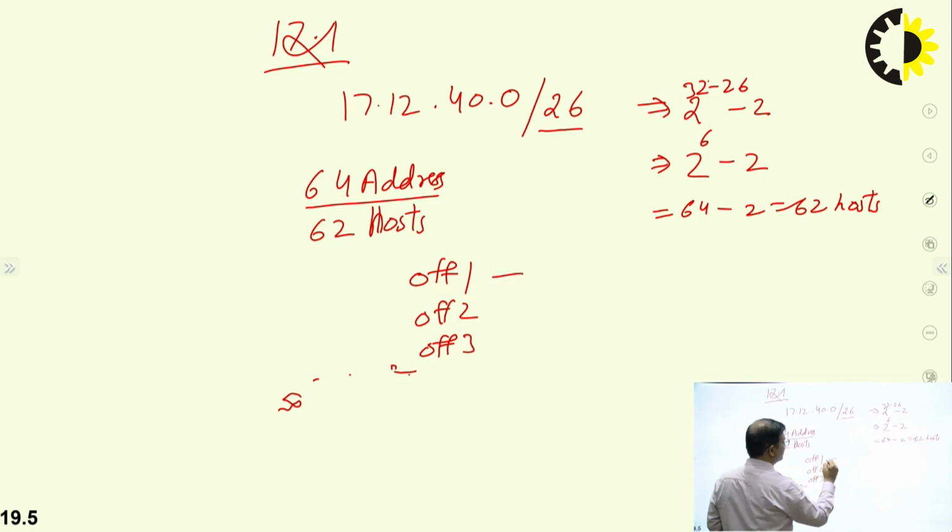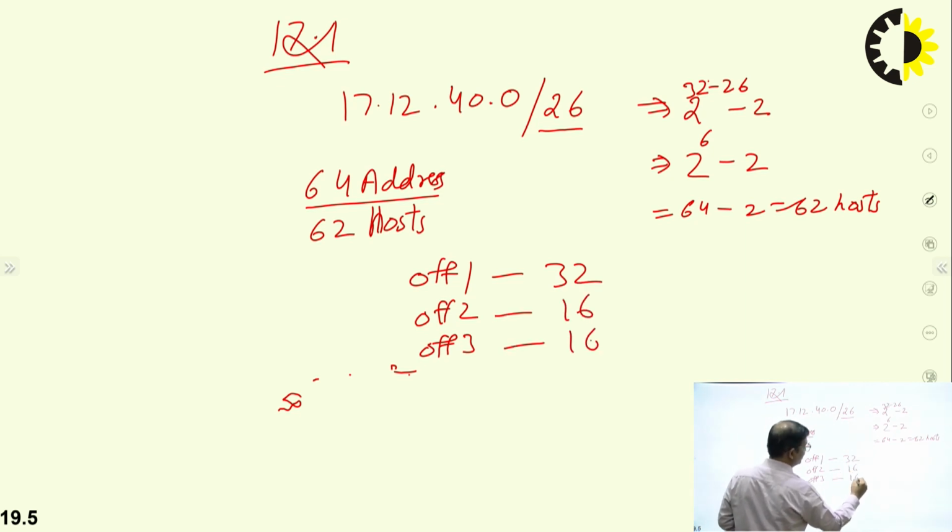Office 1 needs 32 addresses, office 2 needs 16 addresses, and office 3 also needs 16 addresses. I am not asking for hosts; these offices need 32, 16 and 16 addresses. So the question is, what will be the mask and what will be the range for these subnets?